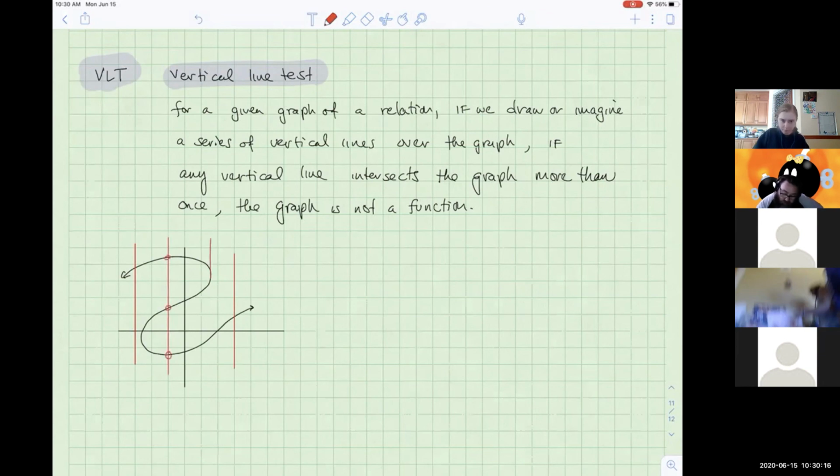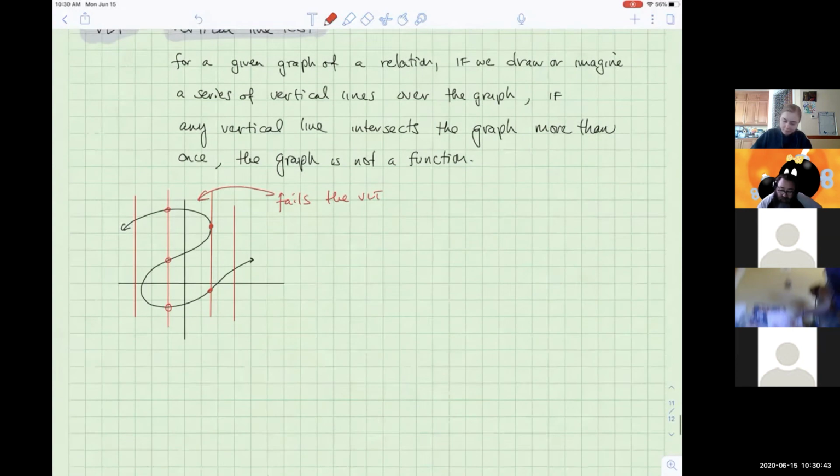And here's one that only touches the graph in 2 spots. Maybe this intersects in 2 spots. And so this fails the VLT.